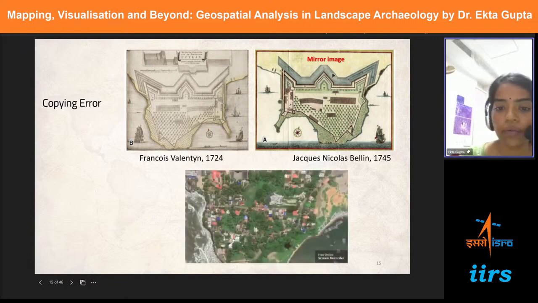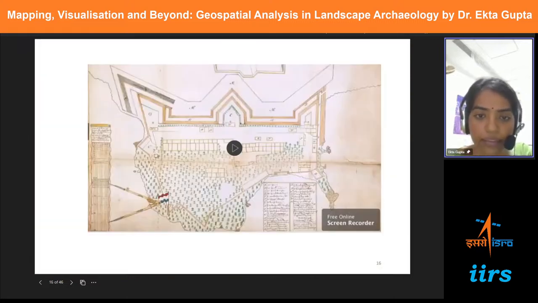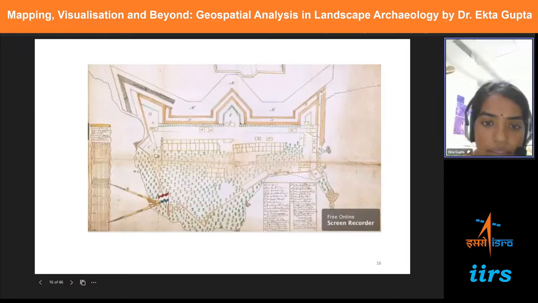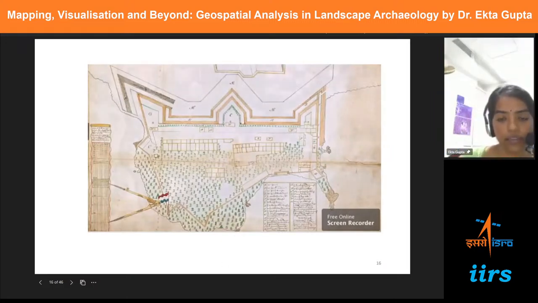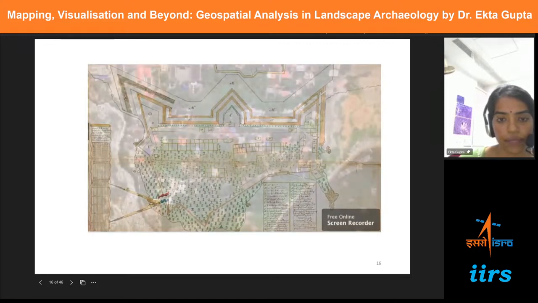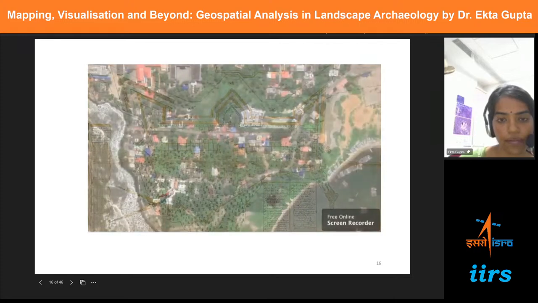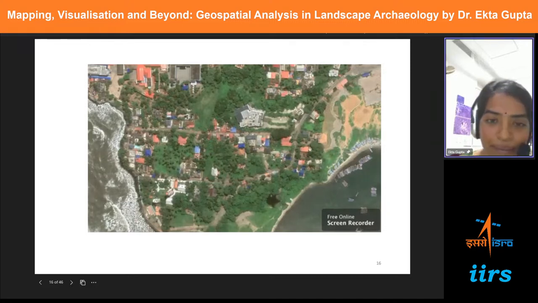Now, this is the image which I showed you previously. I hope now you can find some pattern in it. If you have not found any pattern, probably this will help. Yeah, I think now the patterns would be better visible.